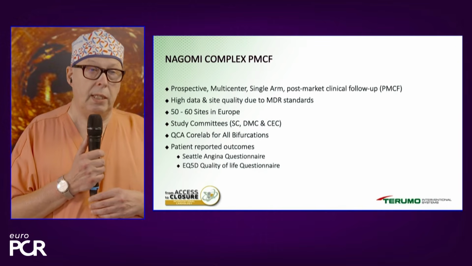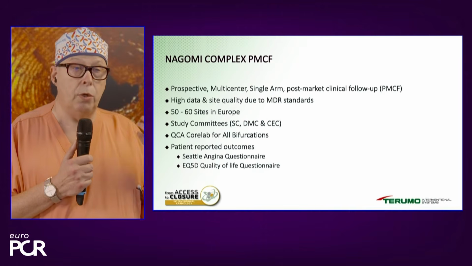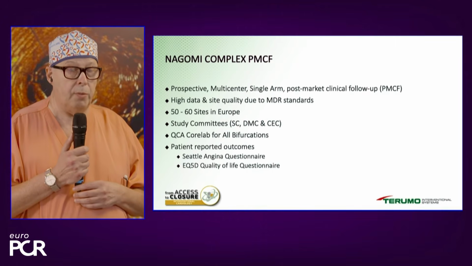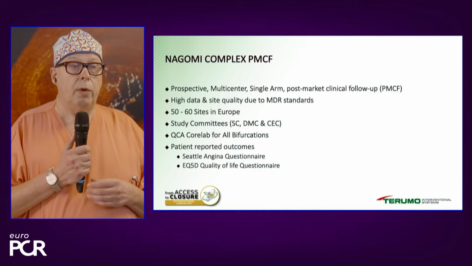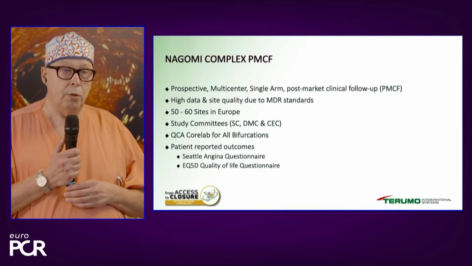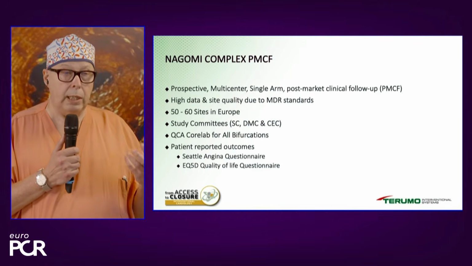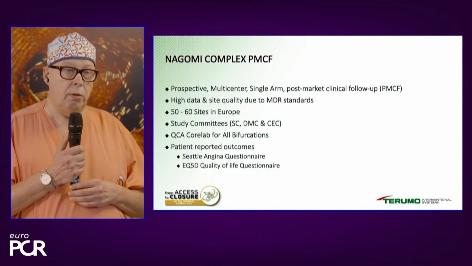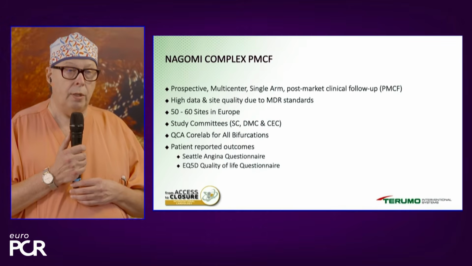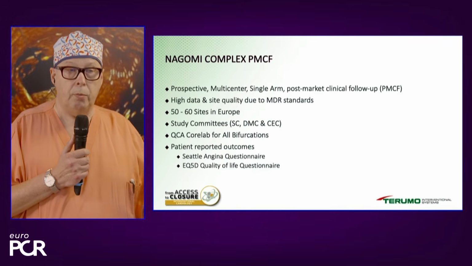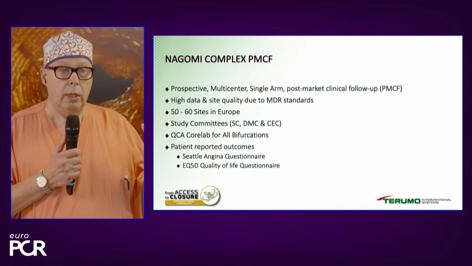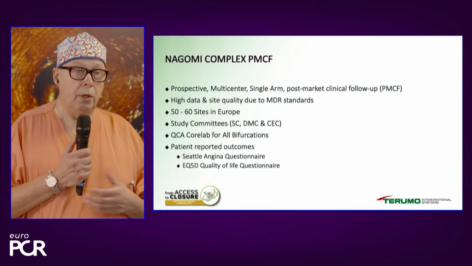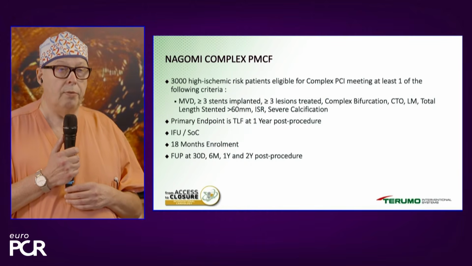Yes, it's a prospective, multi-center, single-arm post-market trial with 50 to 60 sites in Europe, with a lot of quality in terms of data, and this is very important, including QCA for bifurcation, and including very important patient-reported outcomes, the Seattle questionnaire and the EQ-5D for quality of life.